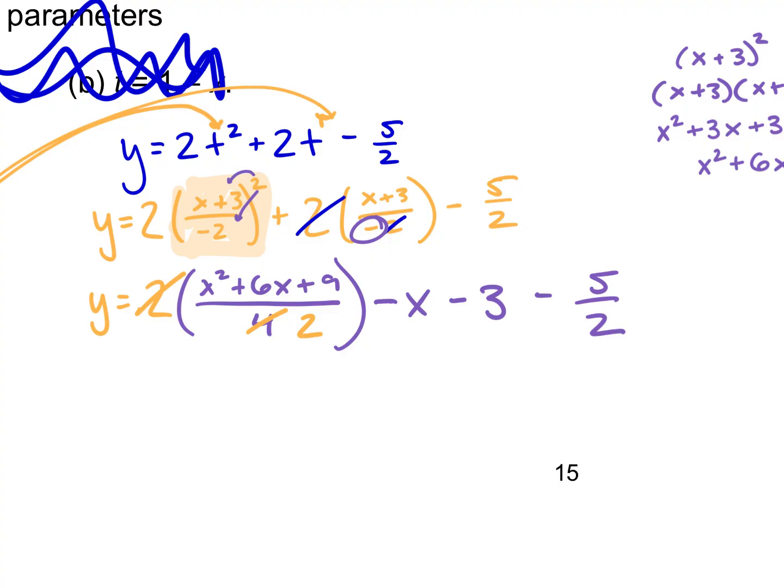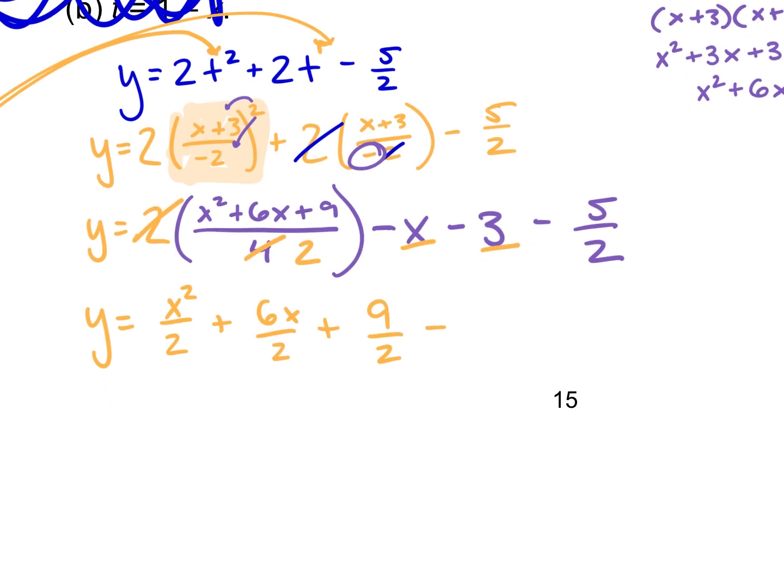But because I have a lot of like terms here, I'm going to split them all up separate. So I've got y equals, I'm going to call it x squared over 2 plus 6x over 2 plus 9 over 2.